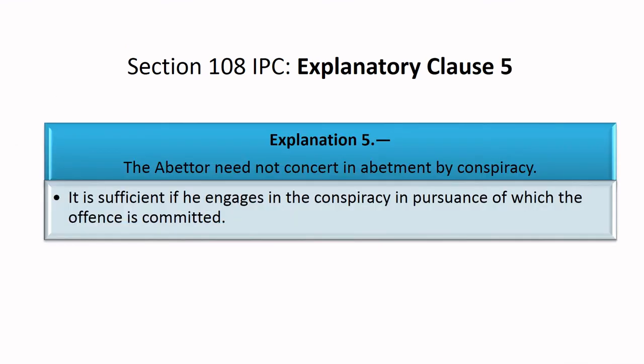Okay? And finally, explanatory clause 5 says the abettor need not consent in the abetment by conspiracy, which means it is not necessary that all the conspirators know each and every detail of the plot in order to make them liable. It is sufficient that he engages in conspiracy and in pursuance of which the offence got committed. Now, why is it so?